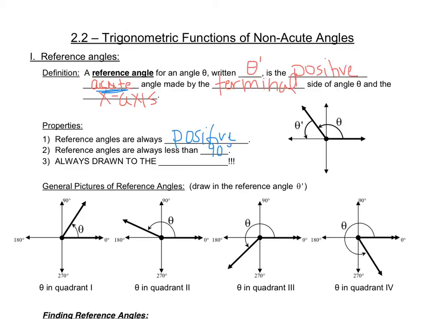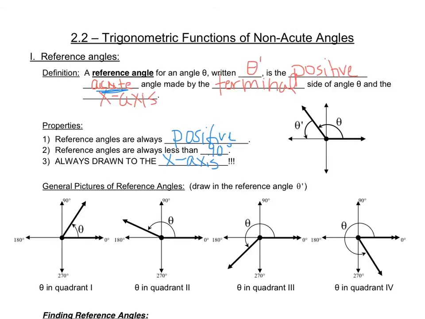Okay. And then you always draw to the x-axis, kind of like we did with our triangles in the previous chapter. Okay. Reference angles tend to be something that students forget come time quiz and test time, so just make sure that you keep reviewing what a reference angle is. It's positive, it's acute, and it's always drawn with respect to the x-axis.